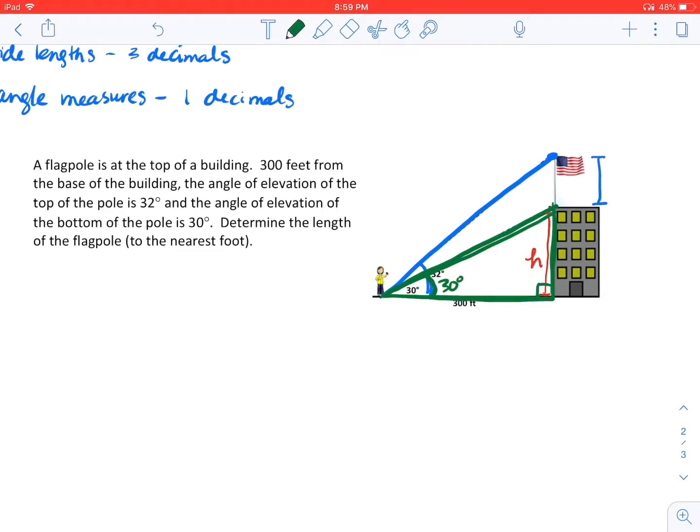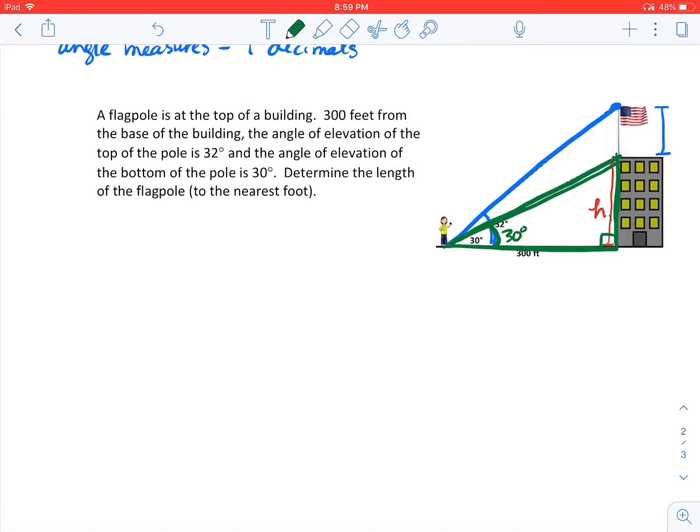We're solving for the opposite side, the h, and we're given the adjacent side, meaning that we can set up a tangent ratio since it's opposite over adjacent, that the tangent of 30 degrees is equal to the opposite side, h, over the adjacent, 300.